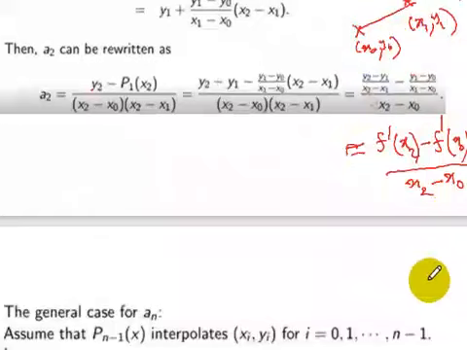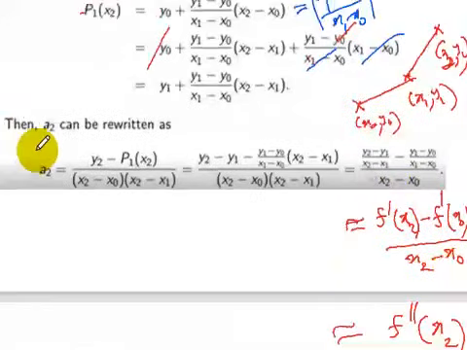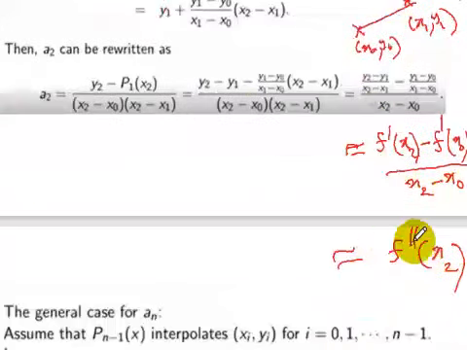This is approximately equal to the derivative of f prime evaluated at, let's say, x2. This is something like f double prime evaluated at x2 or x0, right? So this coefficient a2 is approximately equal to the double derivative of f evaluated at x2.